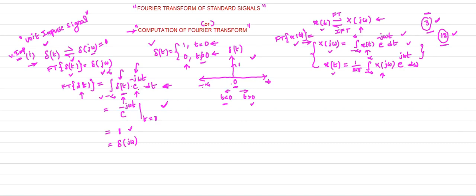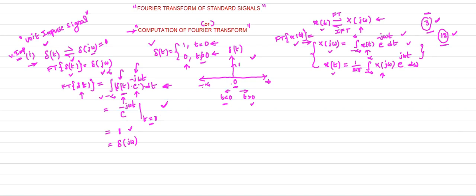Whenever any function is multiplied by delta of t, you can get the value of the multiplication only at t equal to 0, because your impulse is defined only at time t equal to 0; other than that, your impulse is 0.